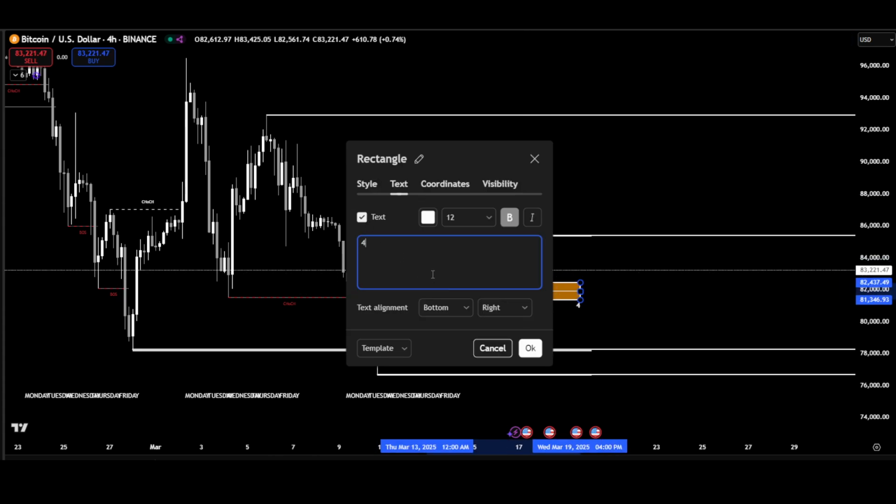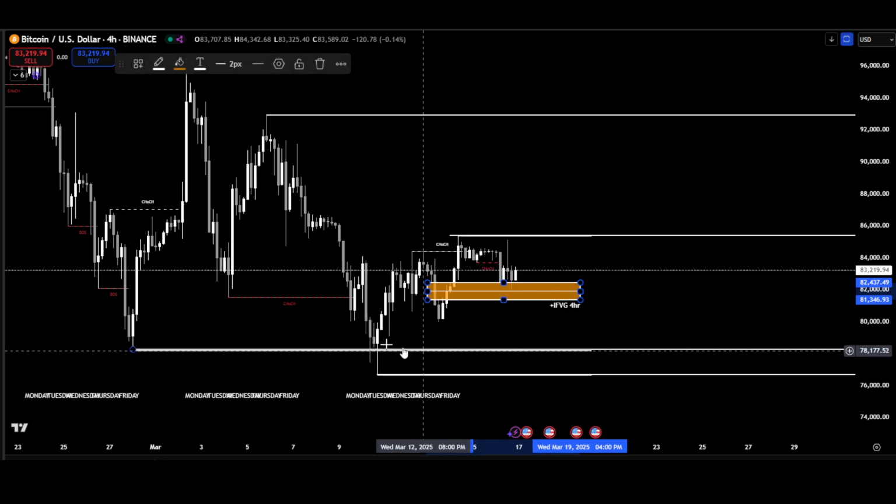This one's going to be a bullish inverted fair value gap, and it will be a 4-hour time frame, right?